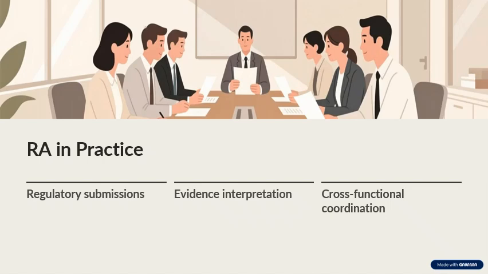They interpret regulations and guidelines, helping teams understand what evidence is required and how it should be presented. They also coordinate across different functions within an organization, such as research, manufacturing, quality, and safety. This coordination matters because regulatory decisions depend not only on data, but on how well that data is aligned, explained, and justified.